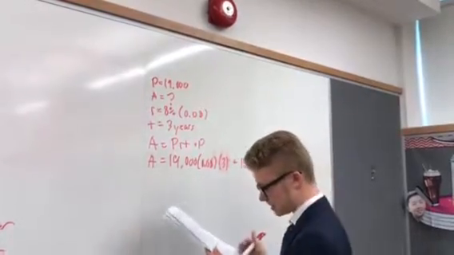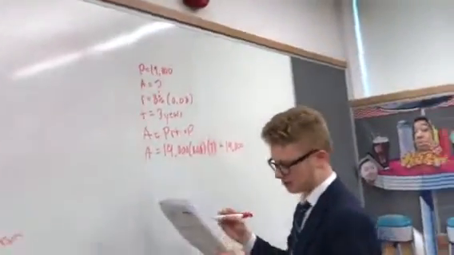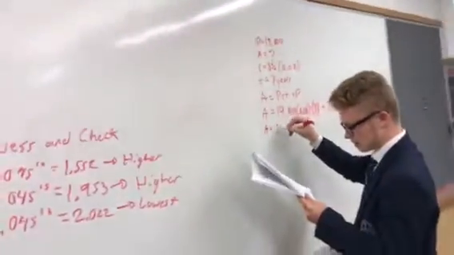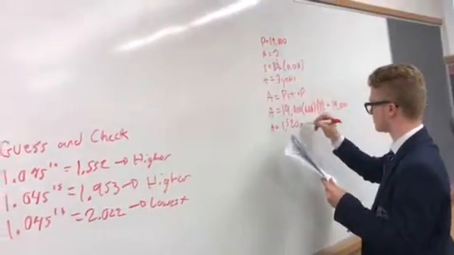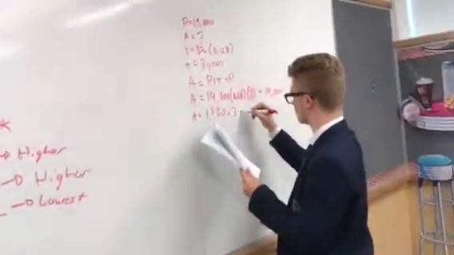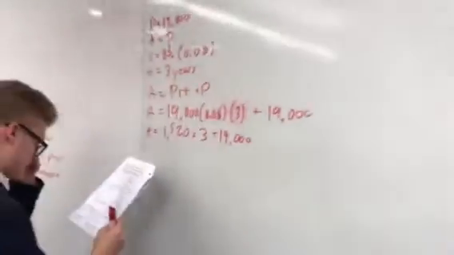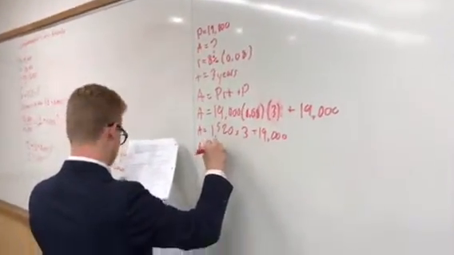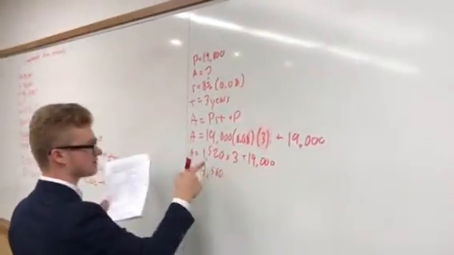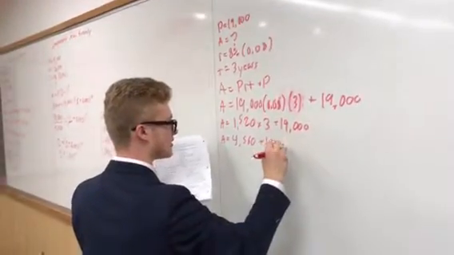And now we just get to solving it. We're going to do these two terms first, and that will equal 1,520 times 3, plus the original 19,000 for the value P. That gives 4,560, which is 1,520 times 3, plus you have to keep the initial 19,000 on it.